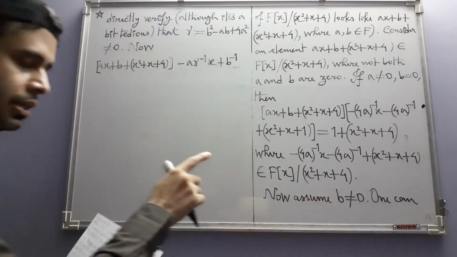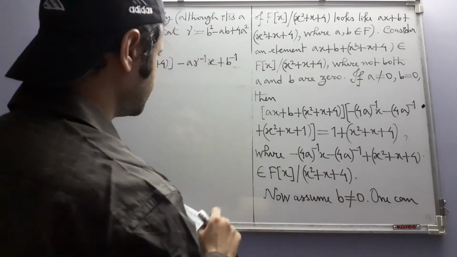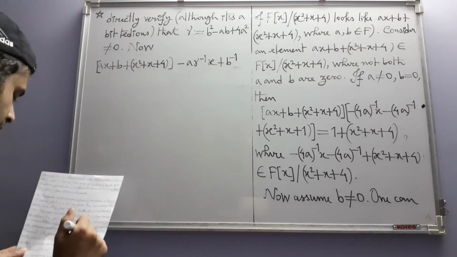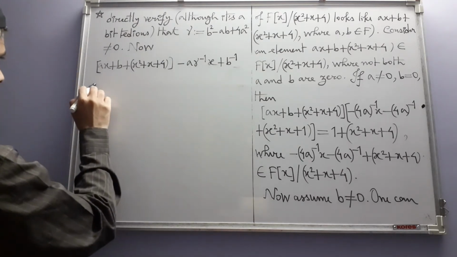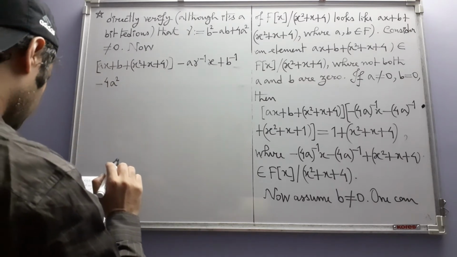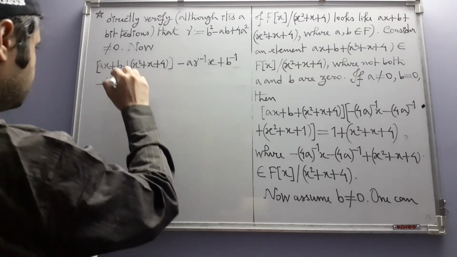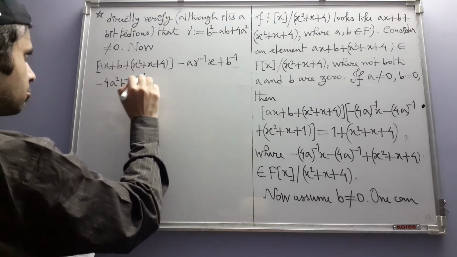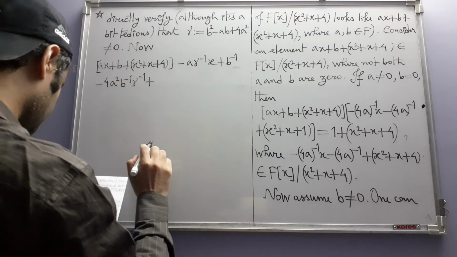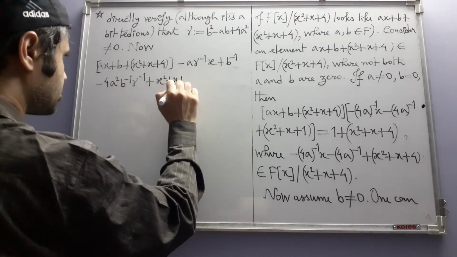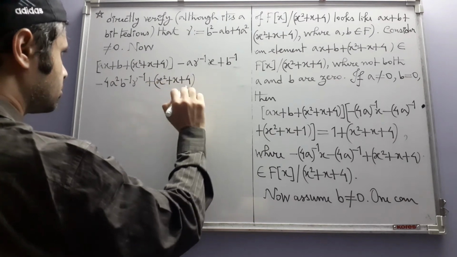So for that we need the condition that b is non-zero. That's why its inverse, multiplicative inverse, exists in the field. Minus 4a square b inverse gamma inverse plus x square plus x plus 4. It's because we need gamma inverse that we had to make sure that gamma is non-zero.